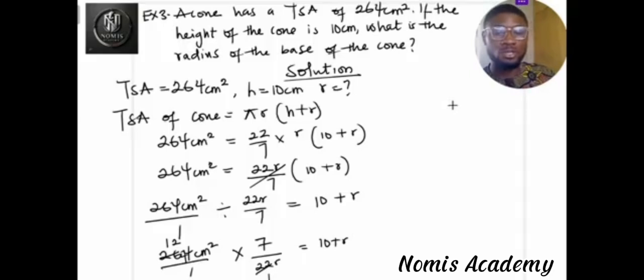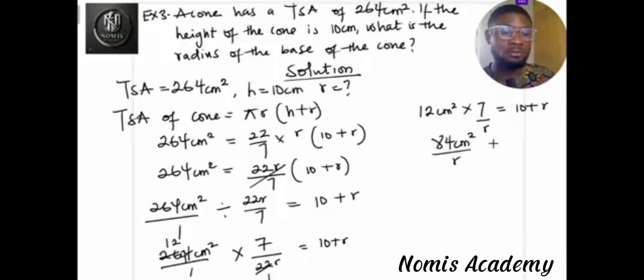So let's go to this other side to continue. So we have 12 centimeters squared multiplied by 7 equal to 10 plus r. Remember that this is 7 over r, so don't forget that. So here I have 12 centimeters squared multiplied by 7, so that is 84. 84 centimeters squared all over r is equal to 10 plus r.